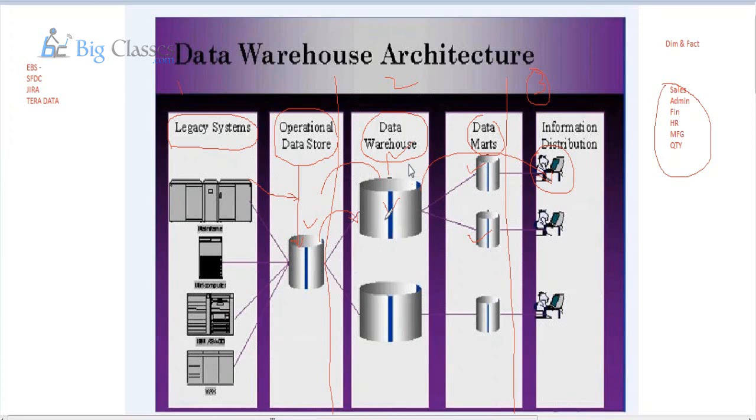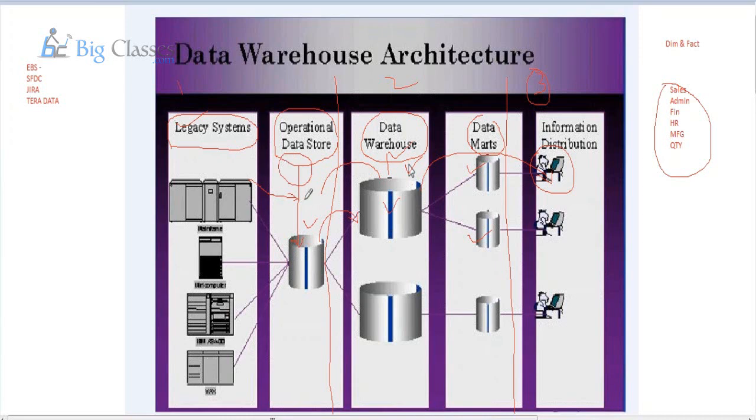And then OBIEE will do real-time access of that data from the data mart? No, it's not real-time access. Any reporting tool can connect to real-time data as well as the data warehouse, but the data warehouse is not real-time data. In the source legacy systems, every second transactions happen, so data is inserted, updated and deleted, and the operational data source captures that information.